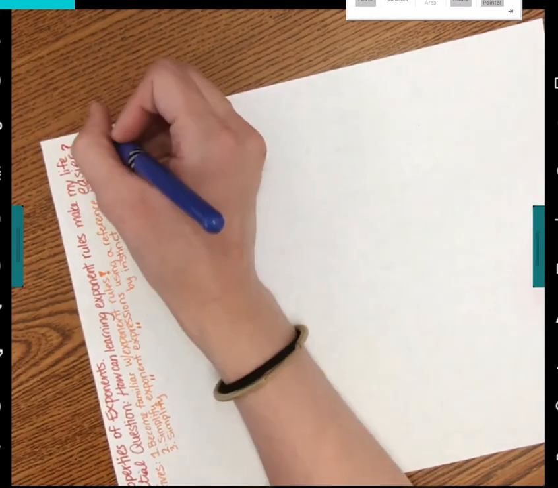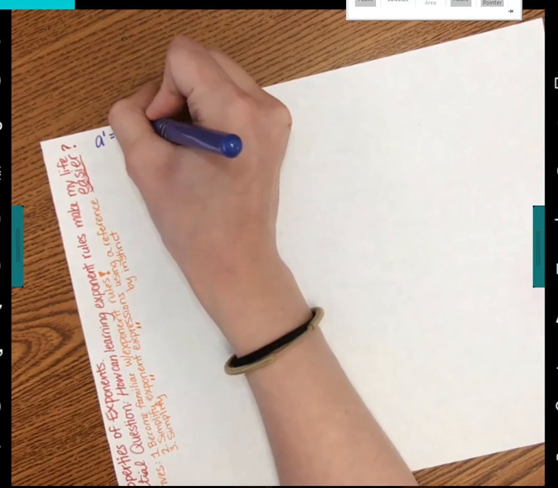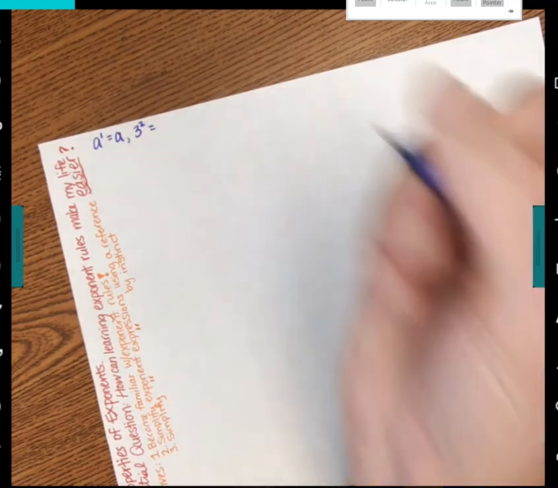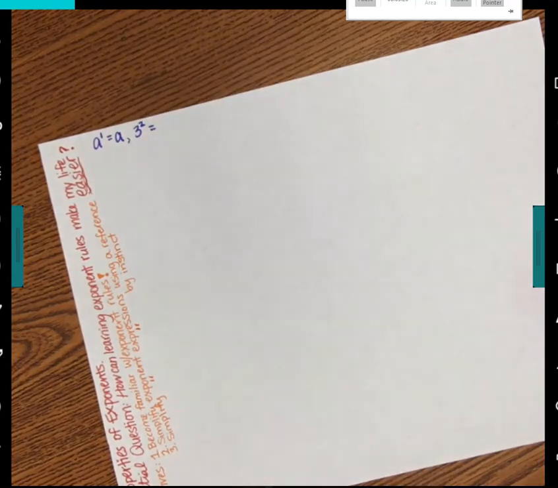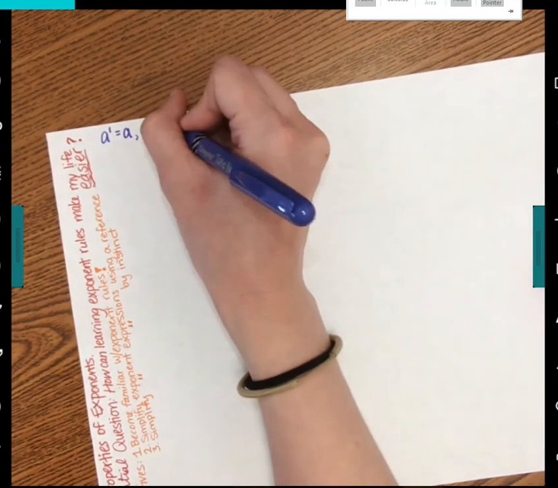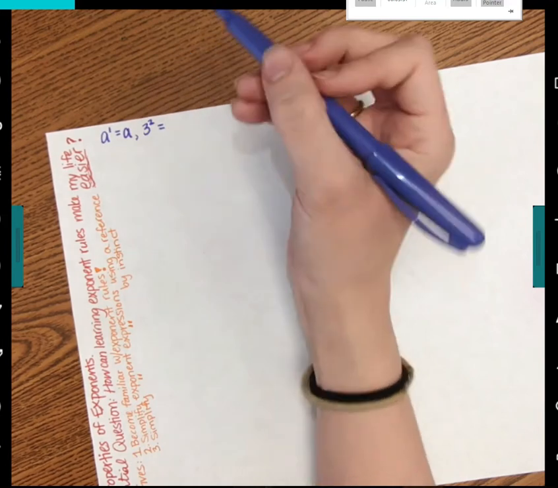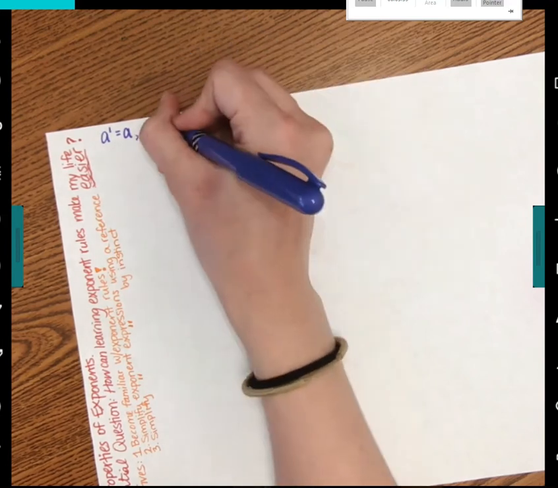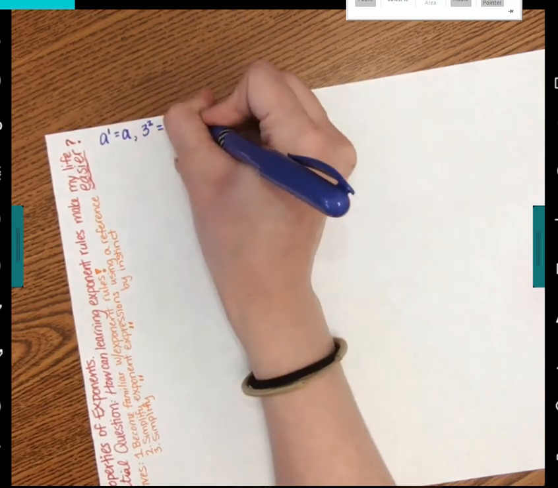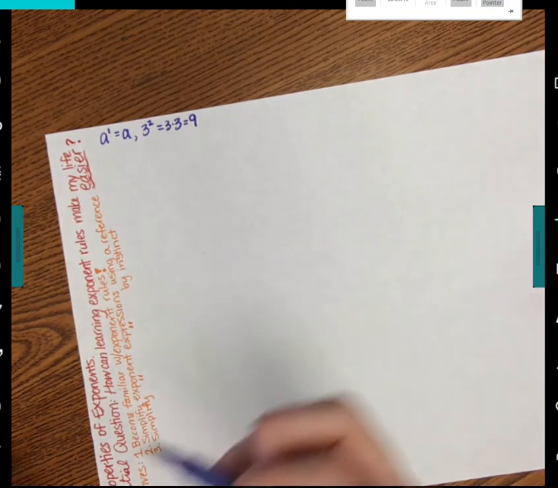And we also know things like 3 squared. We're very comfortable with squaring things because we've had to do that for a long time. That just means this number multiplied by itself twice. So that's 3 times 3 equals 9. That's simply the definition of what an exponent is.